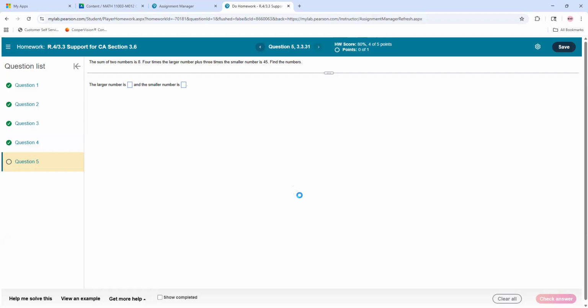So I'm just writing what they're giving me. 4 times the larger number plus 3 times the smaller number is 45. Find the numbers. Okay, so I got that wrote down. So let me show you what you're going to do to this one.